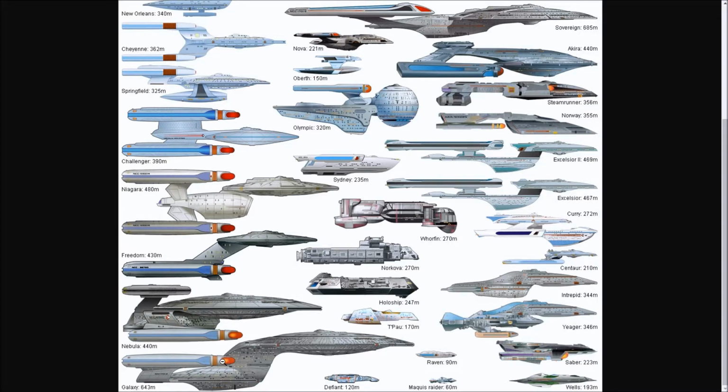Let's just emphasize that. It doesn't actually make it less powerful. It just is not a purpose-built warship like the Defiant. And of course the Defiant has ablative plating, which the Galaxy class and the Nebula class don't have, at least not when they originally come out.